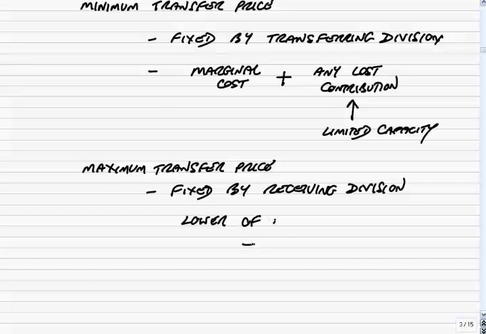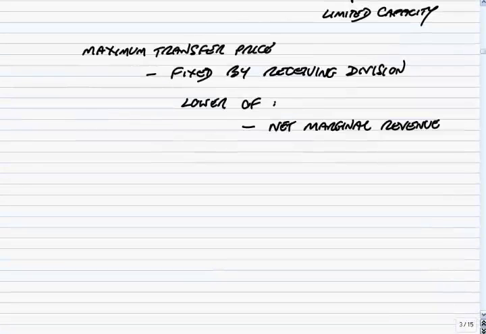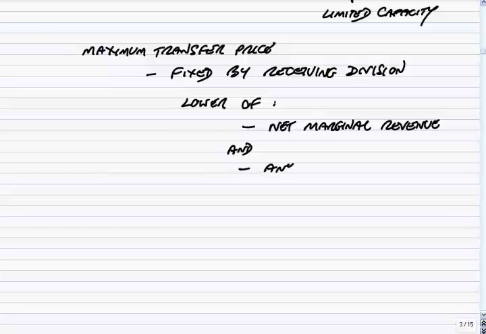It's the lower of, firstly, the net marginal revenue, as I hope I've explained, they'll never pay more than net marginal revenue, otherwise they'd be loss-making. It's the lower of that and any external purchase price.